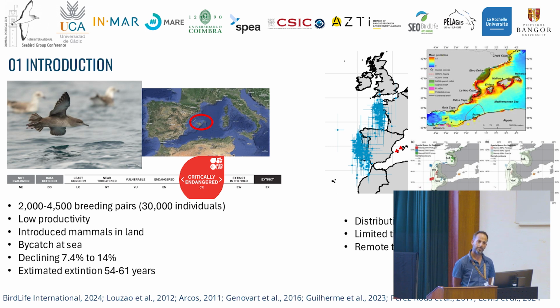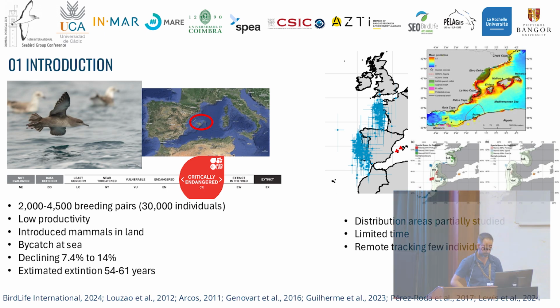The Balearic shearwater has been studied only partially, sometimes in the Mediterranean during the breeding season, and sometimes in the Atlantic during wintering, but always for a limited time, and sometimes with just a few birds tagged with remote GPS.